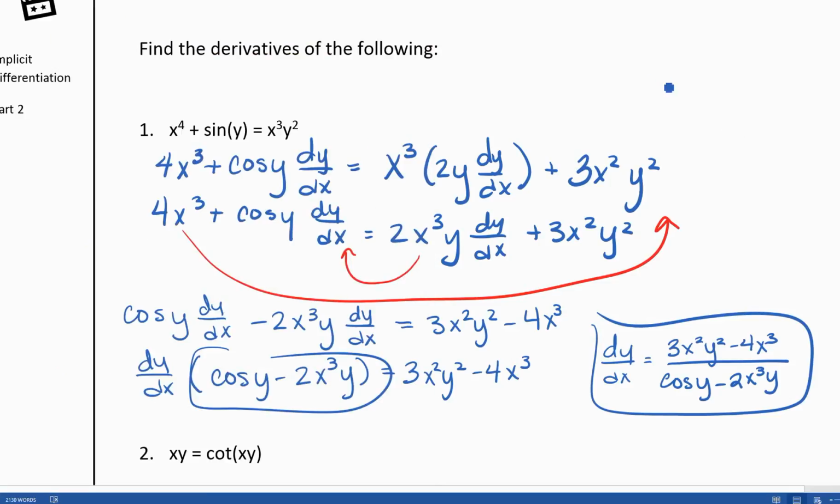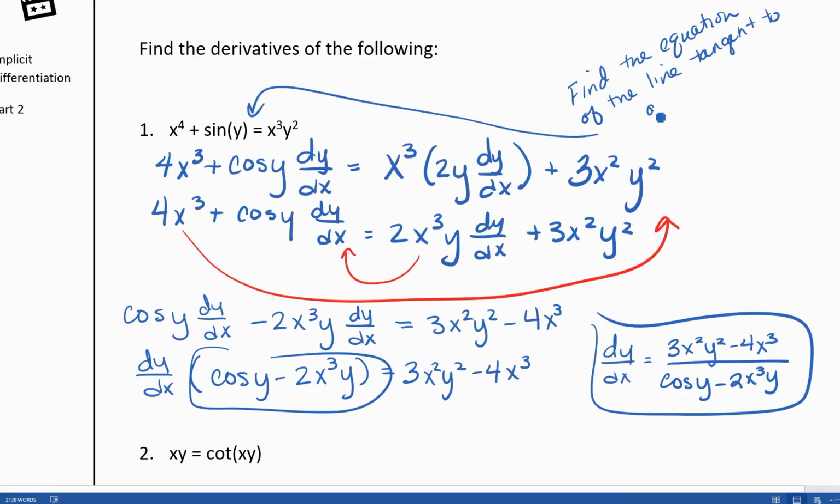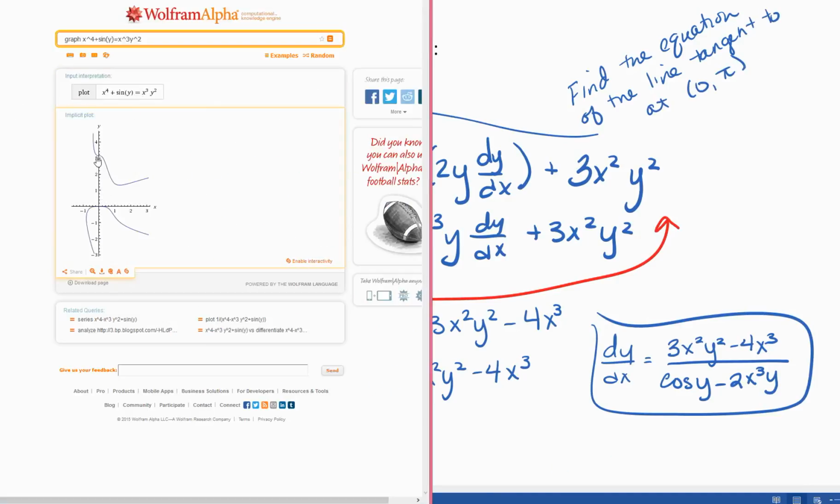So we could ask you to find the equation of the line tangent to this equation at (0, pi). And we'd have to give you the x and the y, because if you noticed, there were actually 2 points when x equaled 0: (0, pi) and (0, 0).